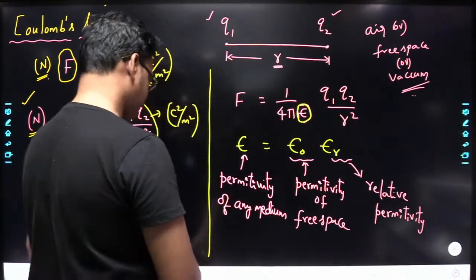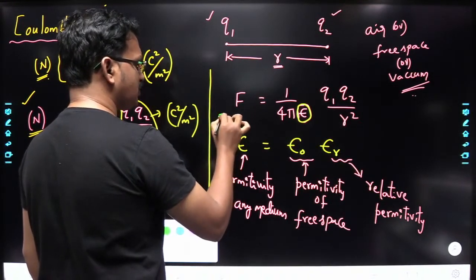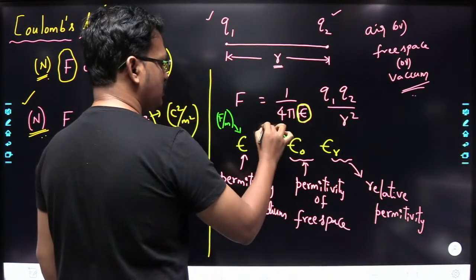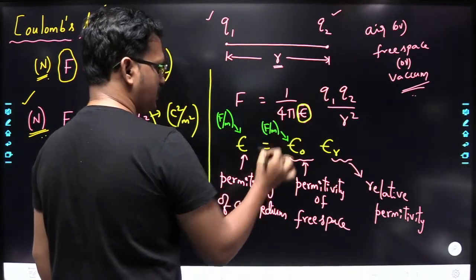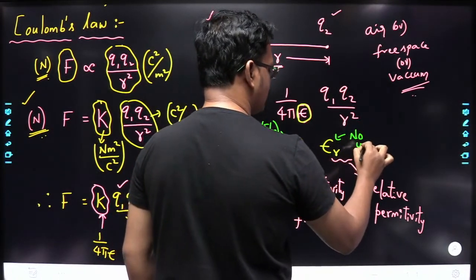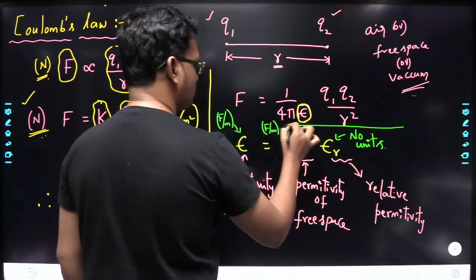The units of epsilon are farad per meter. The units of epsilon naught are also farad per meter. Epsilon r has no units.